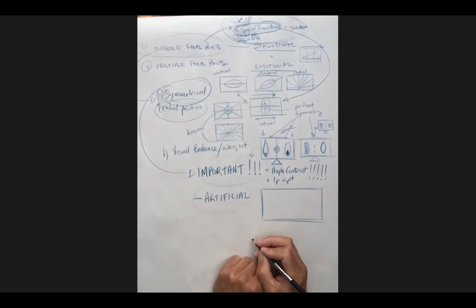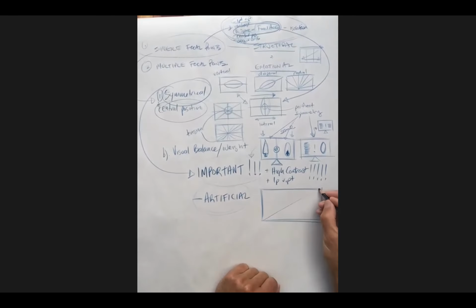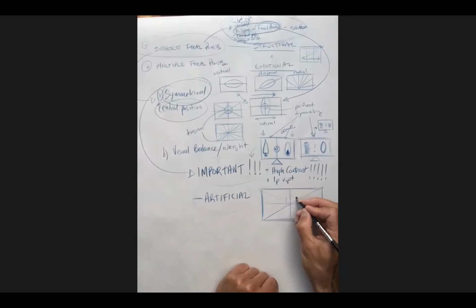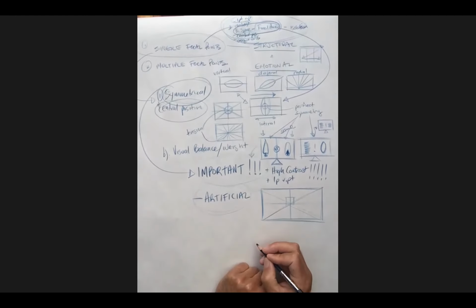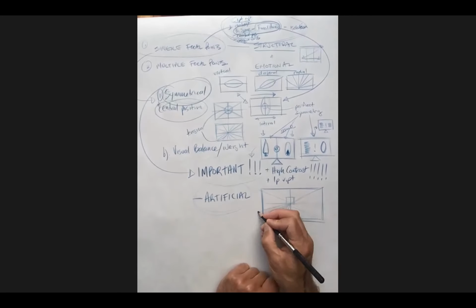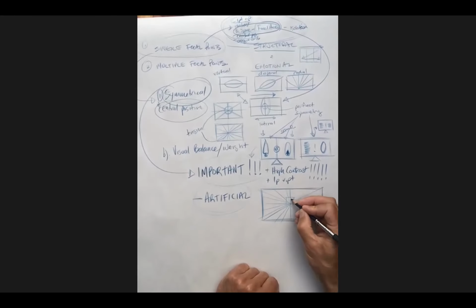You have, as a structure for that picture, this. This is where your central focal area is. This is also where your central vanishing point is.